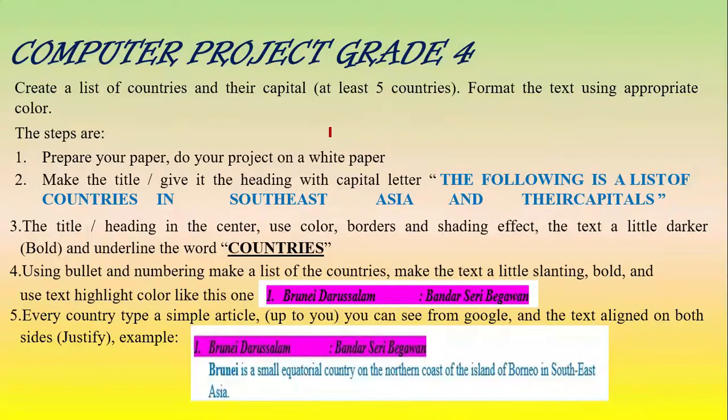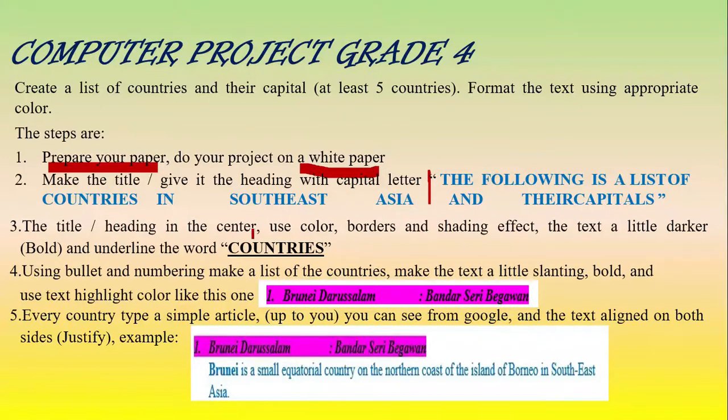And now I want to explain to you, if you don't have a computer or laptop, you can do your project on a white paper. Make the list and give it a heading, like this one, put the title at the top.